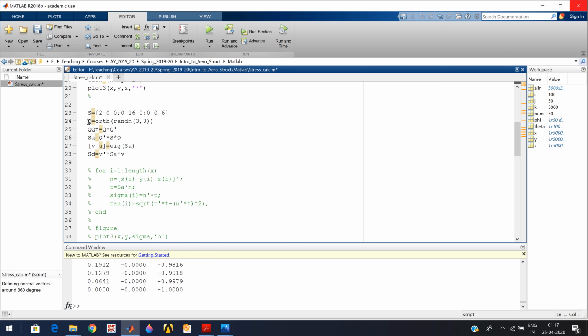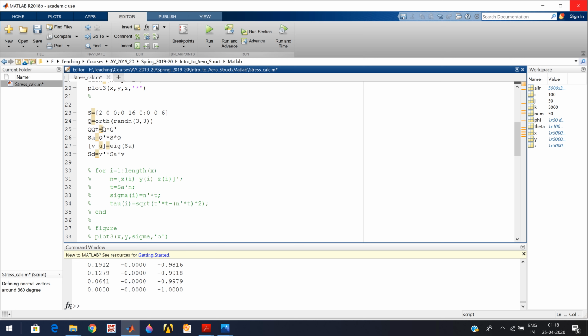Okay, so after that, Q is taken as orthogonal, because we know that if we use a transformation matrix, then it should be orthogonal. orth is the command which defines orthogonal, and randn is the random matrix. Then Q times Q transpose should be identity.